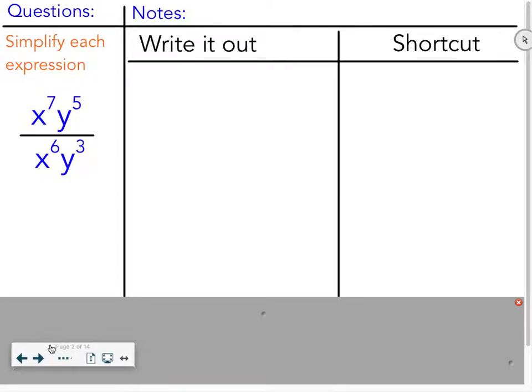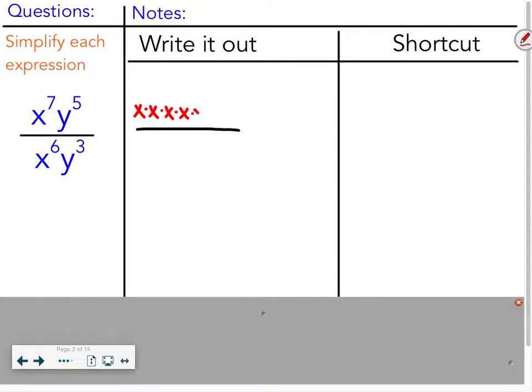All right, here we go. Just like 7-1, we are going to write it out and do the shortcut for all of the problems. There are 8 problems in this lesson. All right. So now we've got a big fraction. On the top, I'm going to write out x to the 7th, so 7 times, 1, 2, 3.